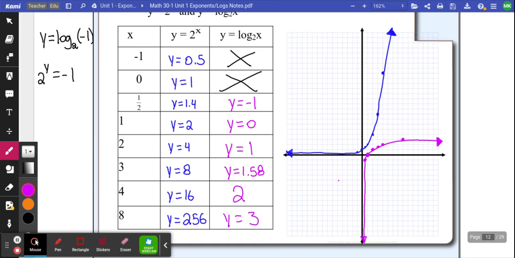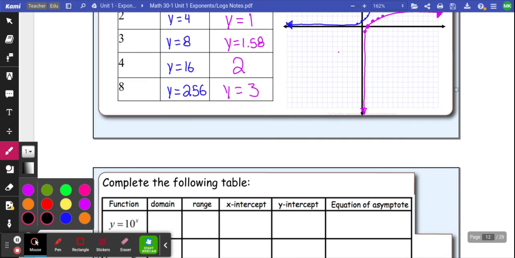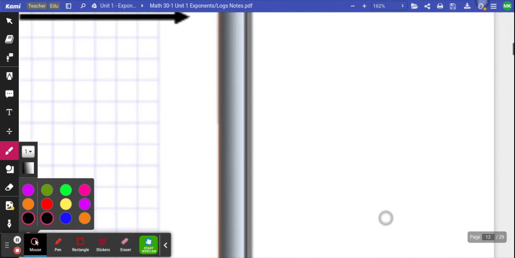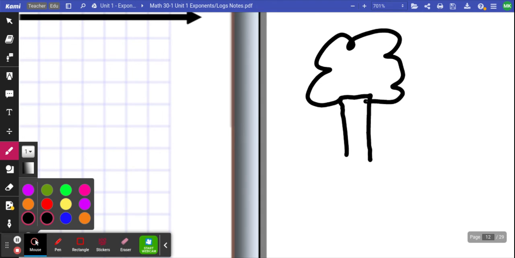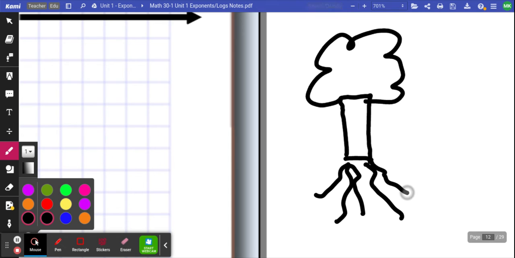Miss Schaub had a cool story about it. Remember this? Okay. I'm going to butcher Miss Schaub's story on what a log graph looks like. But you have a tree. Yeah? Here's my tree. It's got a sweet top. Look at this. What a beautiful tree. And it's got all these roots in the ground. Whoa. Like square roots. Oh my God, I feel like this story could get so much better, Cecily.